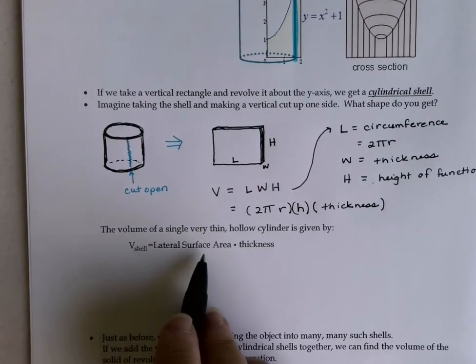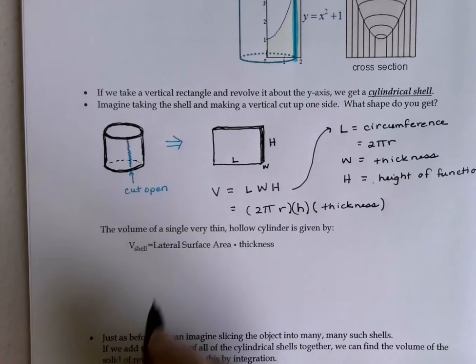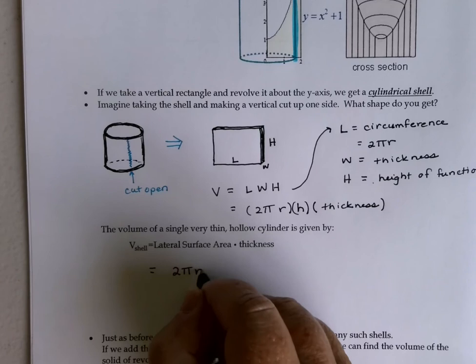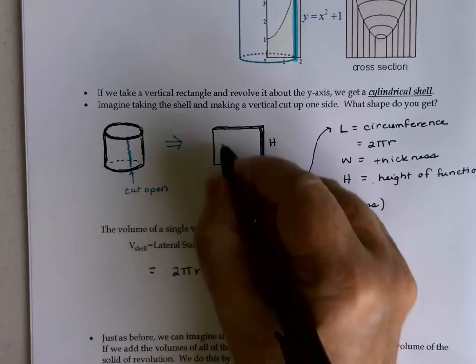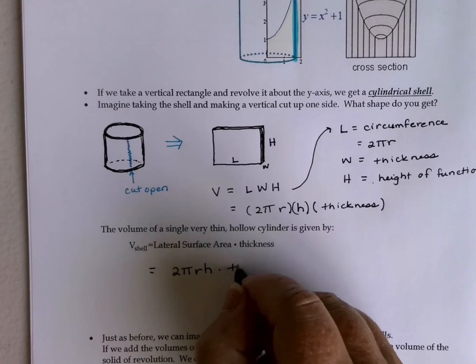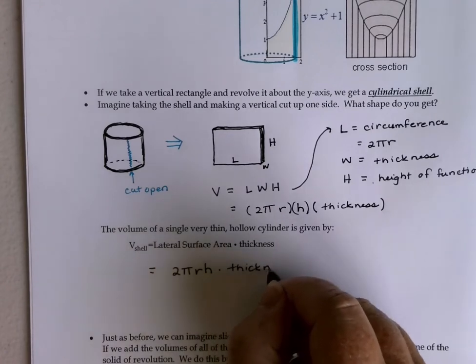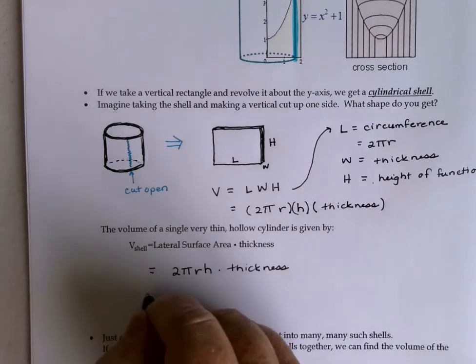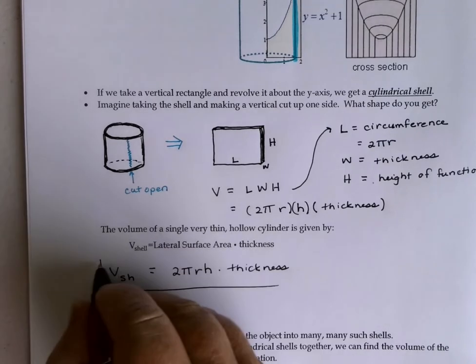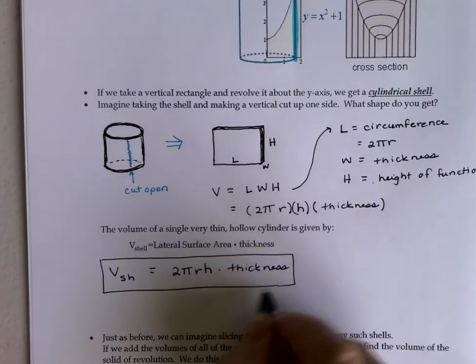The lateral surface area, 2 pi rh, length times height, times thickness. And that's what I'll use every time I do a shell method problem.